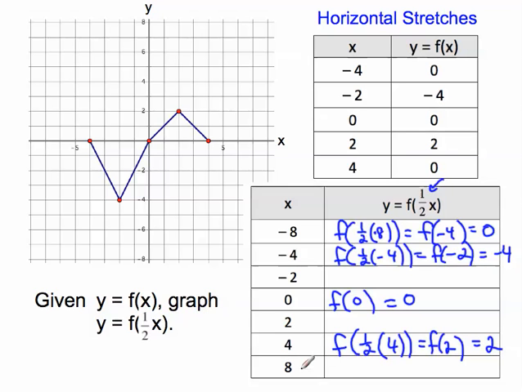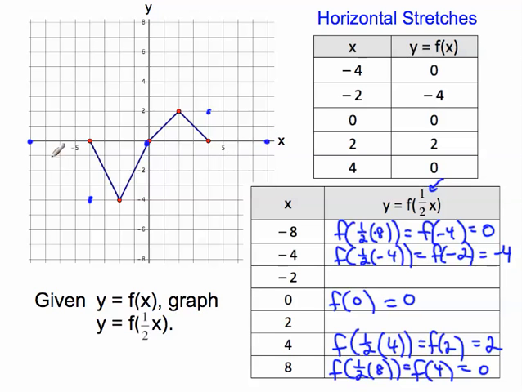And when x is 8, f of a half of 8 is equal to f of 4, which is equal to 0. So now we've got the points negative 8, 0, negative 4, negative 4, 0, 0, 4, 2, and 8, 0 on the graph.